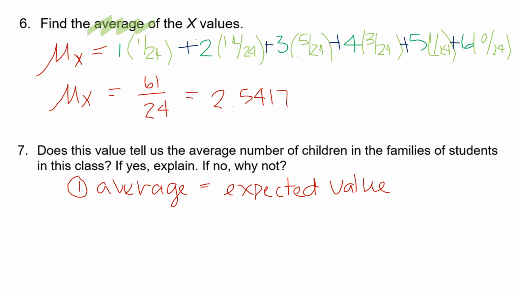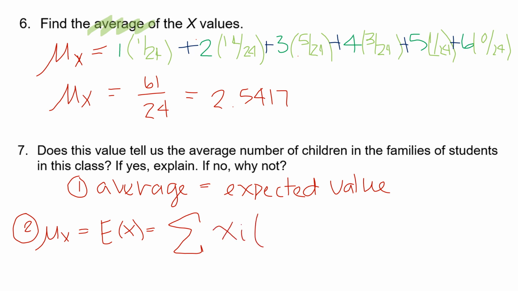We do technically get this formula on the AP exam for how to find the expected value. It looks like mu sub x equals, or E sub x, or E of x equals, and then summation notation: the sum of x sub i times the probability of x sub i.